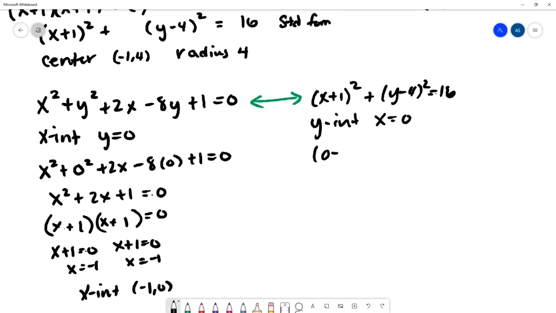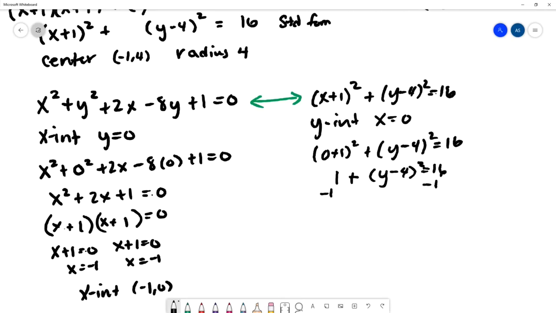That will give (0 plus 1) squared plus (y minus 4) squared equals 16. 0 plus 1 is 1. 1 squared is 1. So we have 1 plus (y minus 4) squared equals 16. I'm going to solve for y by subtracting 1 on both sides. That gives (y minus 4) squared equals 15.